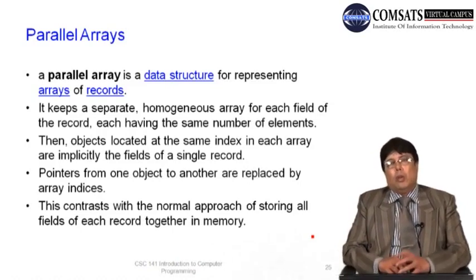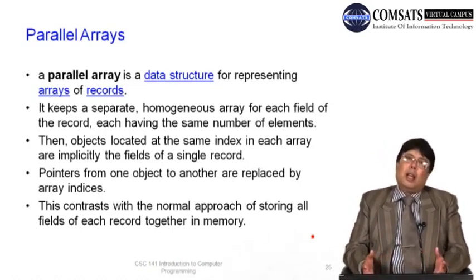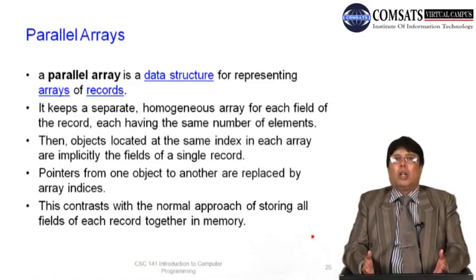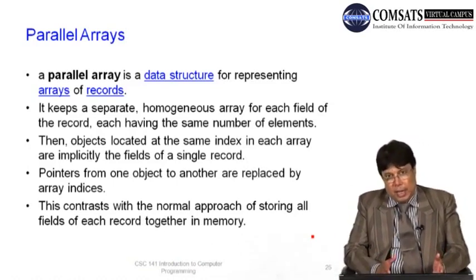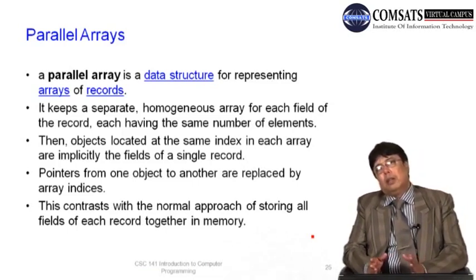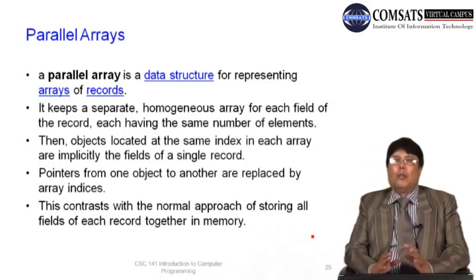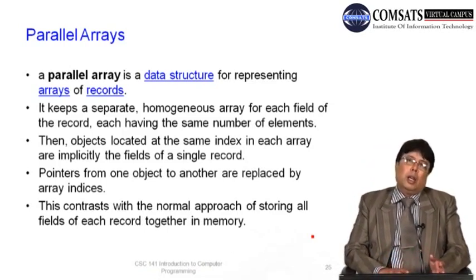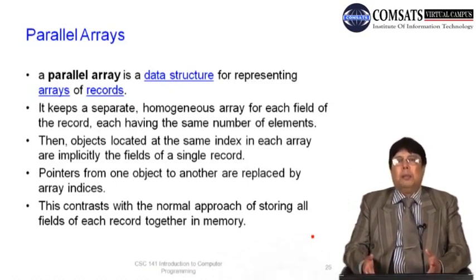Now, suppose you have a record. What is a record? A set of fields, where one field is the name, the second field is the telephone number, the third field is the ID card number, the fourth field is the salary, and the fifth field is the gender, male or female.